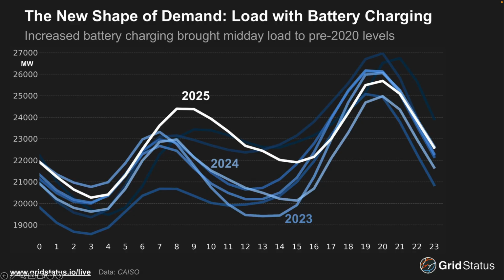So I was showing you the duck curve shape and how that has traditionally changed out to 2023, but in more recent years, the increase in battery charging has shifted us back up a bit and made the net load ramp problem from the duck curve a little easier to manage.